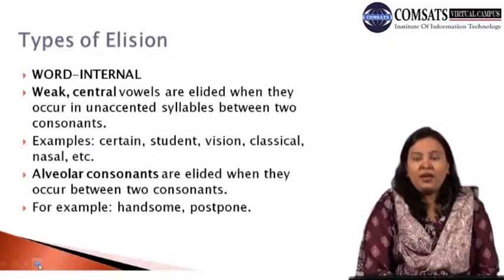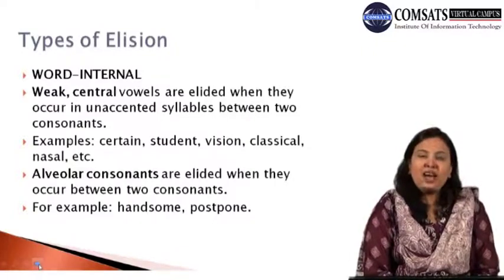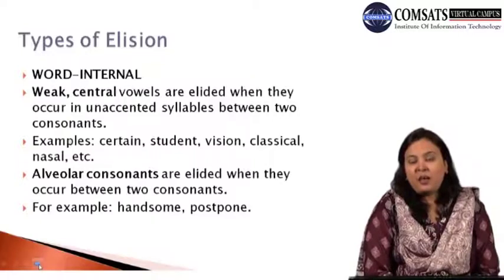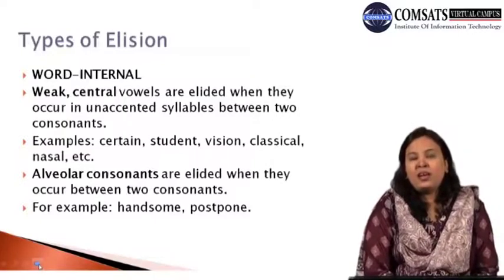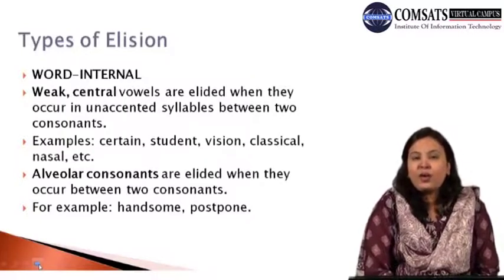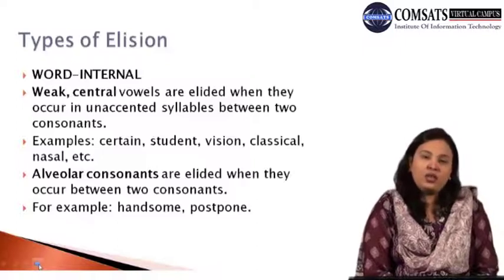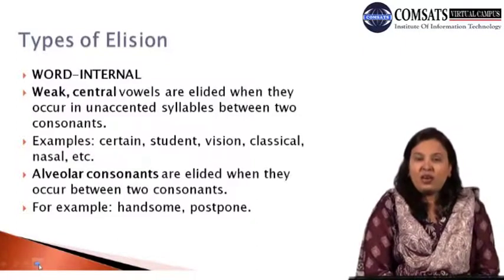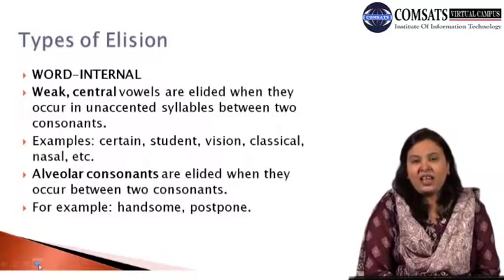If you remember, the consonants produced with the help of the alveolar ridge are known as alveolar consonants, like t, d. Sometimes while speaking in a flow, we try to omit the alveolar consonants when they exist between consonants, like handsome.